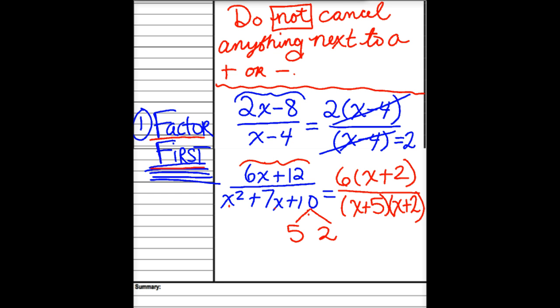Now that I've factored everything first, I get to cancel big chunks of stuff. Is there a 6 not living next to a plus or minus on the bottom? No. But there's an entire x plus 2 that I can cancel off. So my answer is 6 divided by x plus 5.